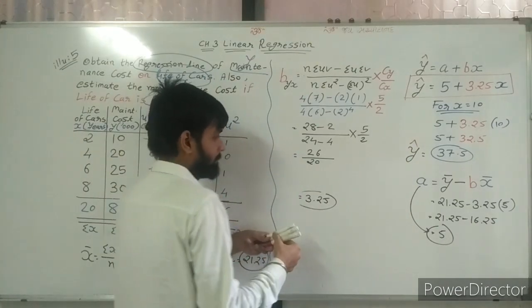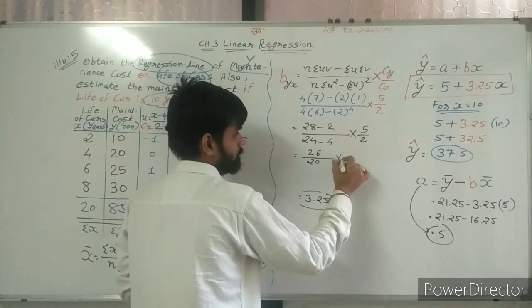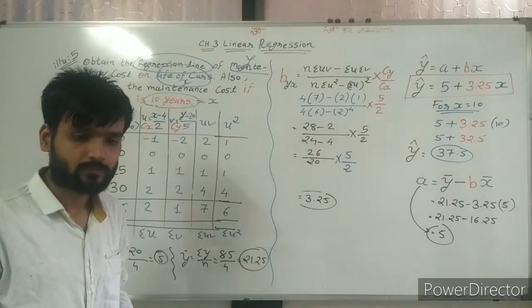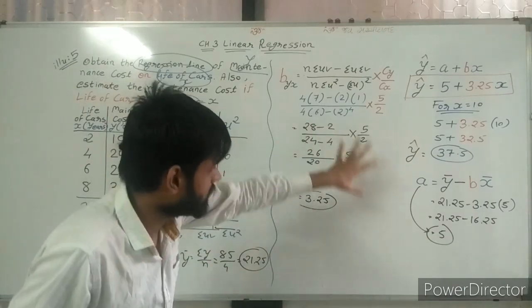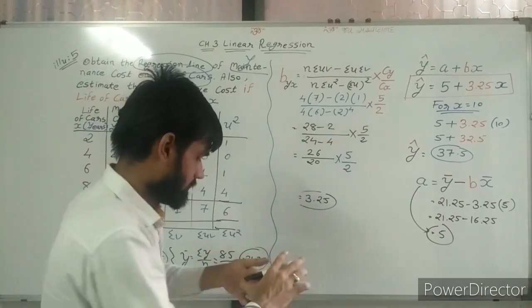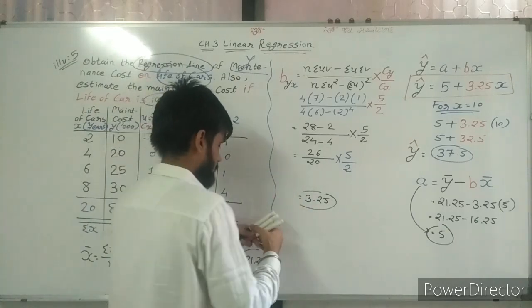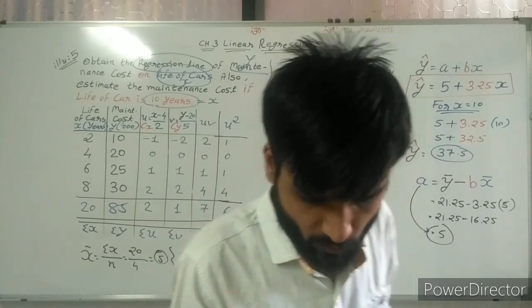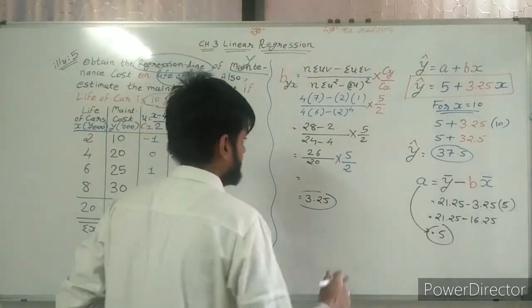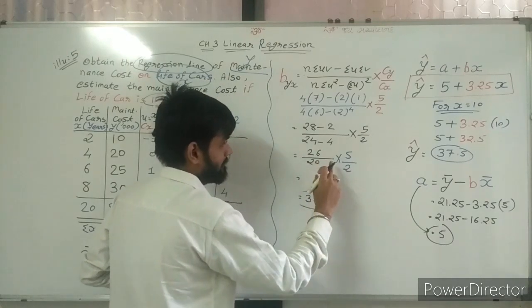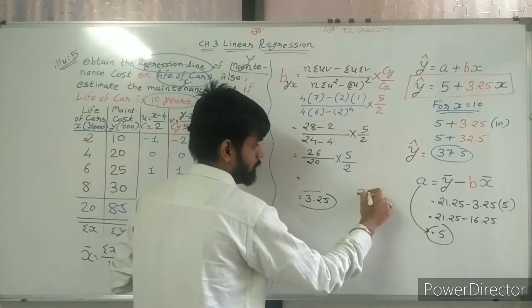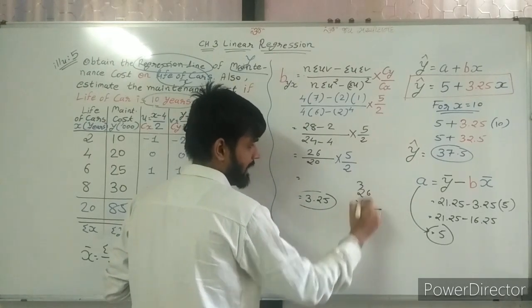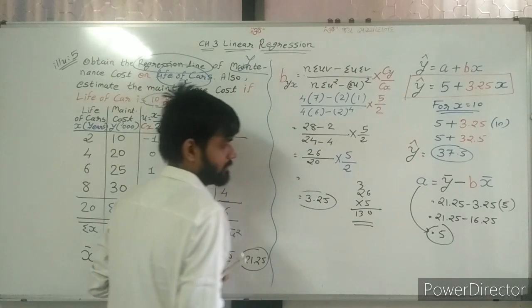26 upon 20 into 5 divided by 2. Now solve this. 26 into 5: 6 5s are 30, 5 2s are 10, 10 plus 3 is 13.